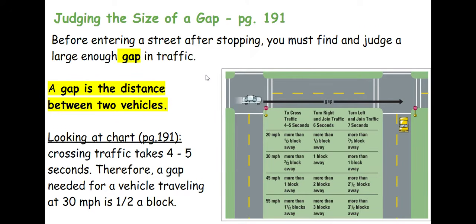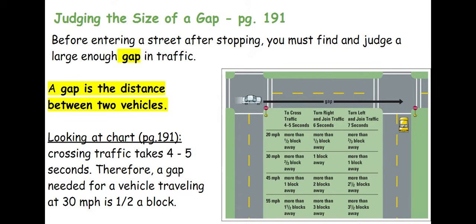Now, we talked about you needing to learn the idea of judging the size of a gap, as this slide is indicating. The definition is that the gap is the distance between two vehicles. So if we look at this diagram, the size of a gap in distance is based upon the amount of time that you have in order to get through that intersection.